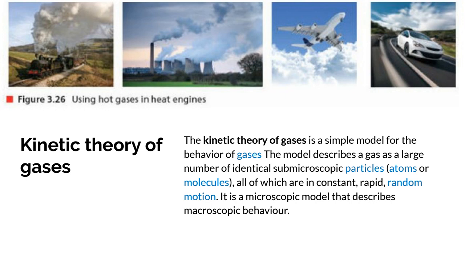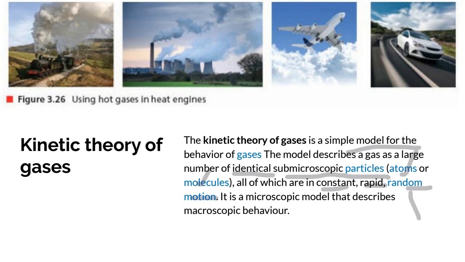The kinetic theory of gases is a simple model for the behavior of gases. The model describes a gas as identical submicroscopic particles. They could be atoms or they could be molecules, all of which are in constant, rapid, random motion, right?